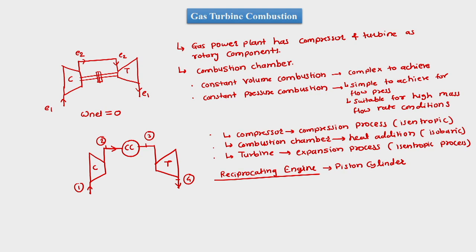The piston is going to compress the gas, and then there will be fuel injection into the cylinder, and the high pressure fluid will exert a force on the piston, and then motion of the piston would lead to expansion of the gas, and then opening of the valves would lead to the flow going out to the atmosphere. So, unlike reciprocating engines, gas turbine engines have separate components for separate processes.